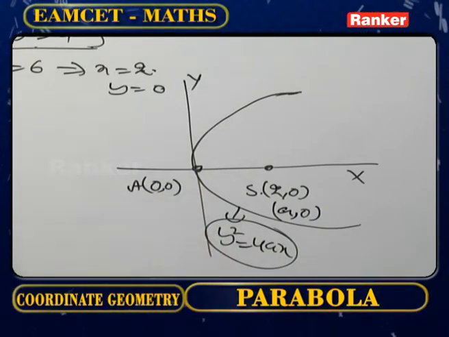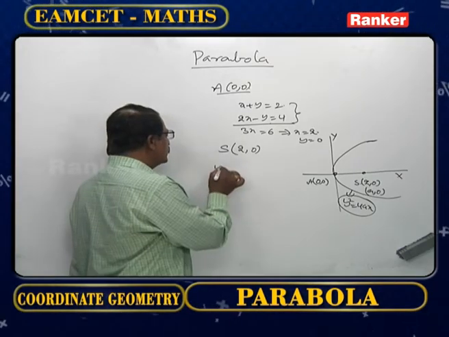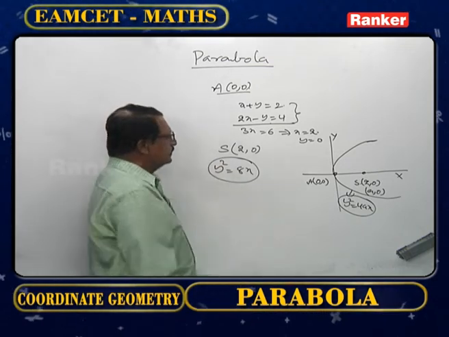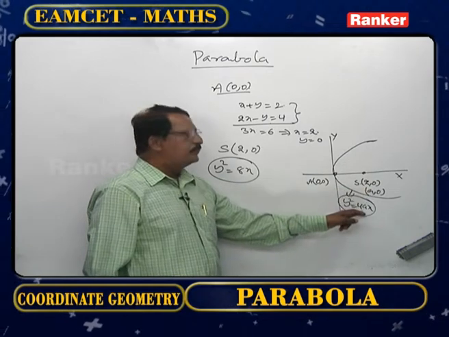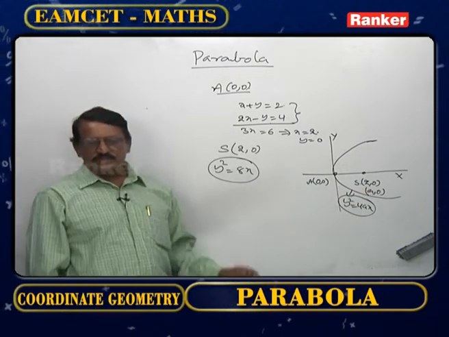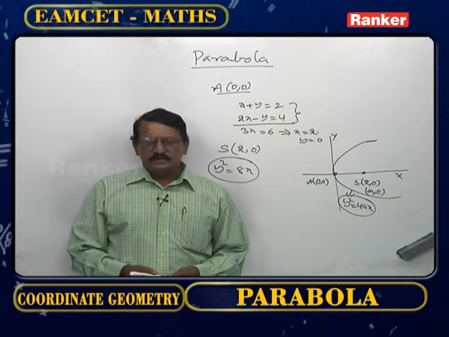Substituting in the standard equation, the required equation of the parabola is y² = 8x, because 4a = 8. Then the third option is correct.